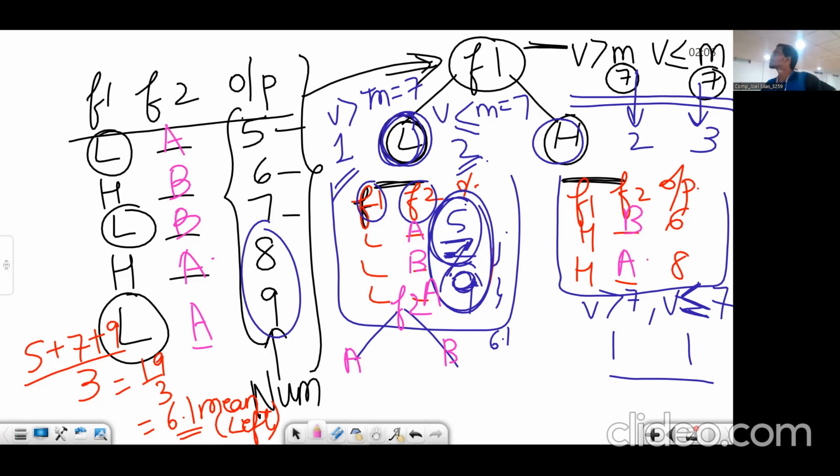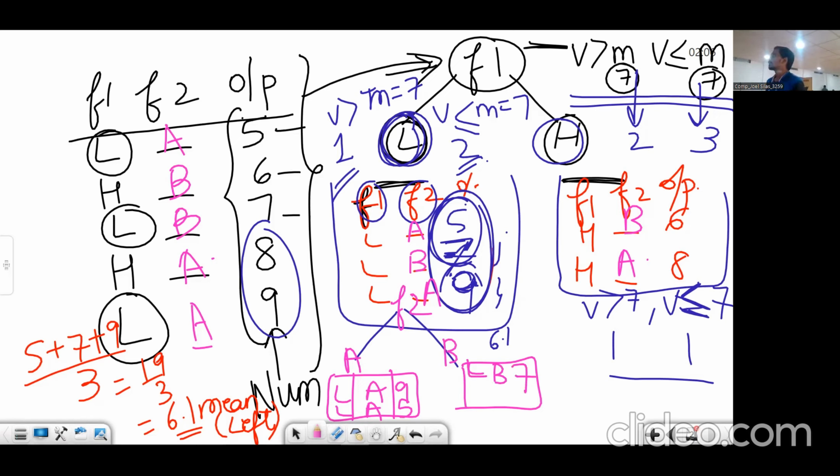Now, whenever F2 is A, we'll get this particular data set, L, A, 9. And whenever F2 is B, we'll get here again L, A, 5, and here it will be L, B, 7.